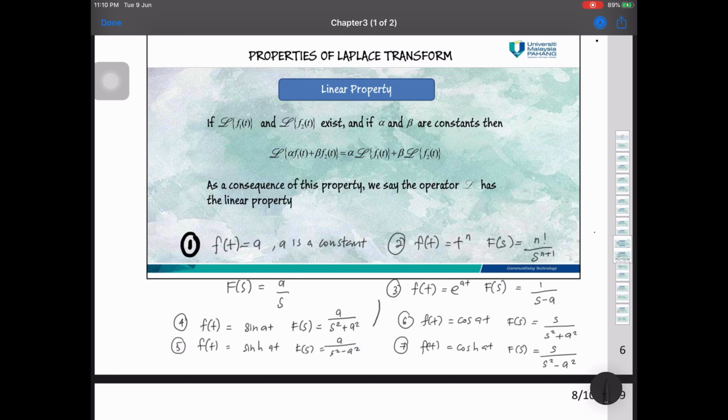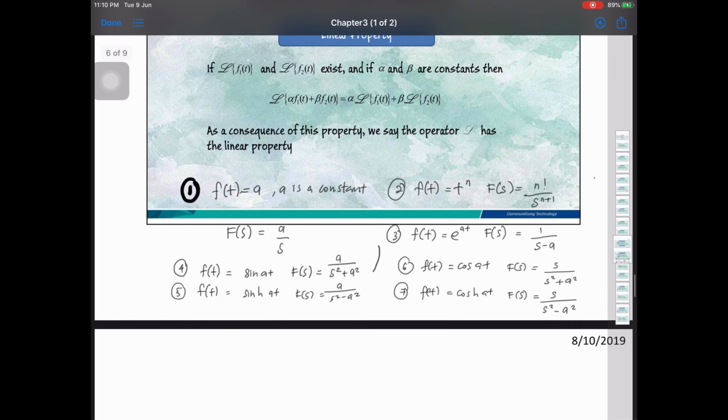So these are the 7 Laplace transformation formulas. Then we have another 3. Number 8, if you have f(t) equal to the unit step function u(t minus d), therefore you will have your F(s) equal to e to the power of negative ds over s.